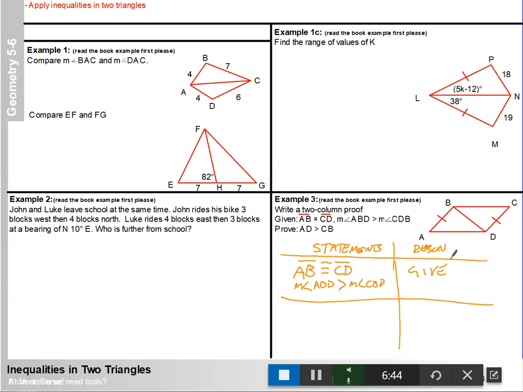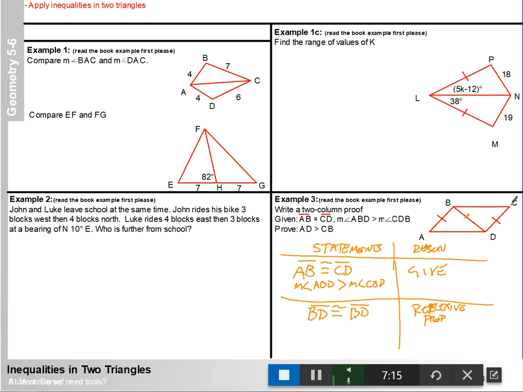All right, so what does that mean? So AB is congruent. Okay, that's great. And oh, we know this is congruent to itself. So we know that BD is congruent to BD using the reflexive property. All right, and we're trying to prove that AD is larger than BC.